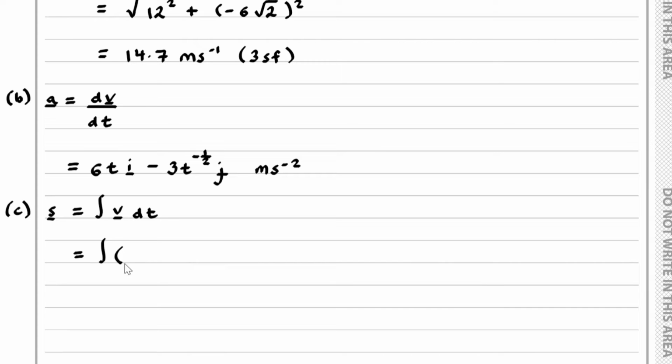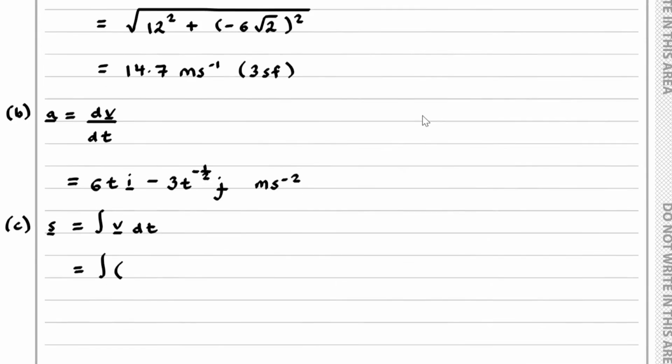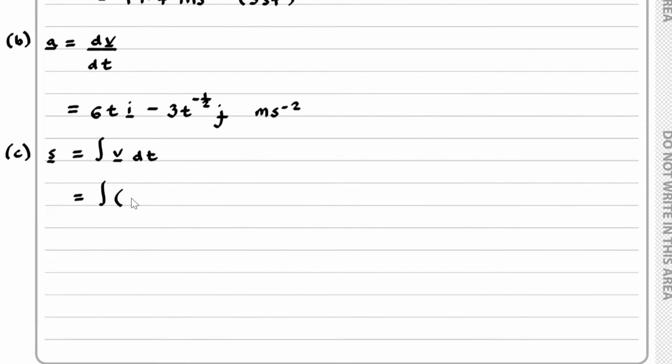So we need to integrate 3t squared i subtract 6t to the 1/2 j.